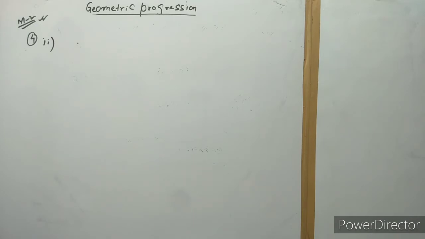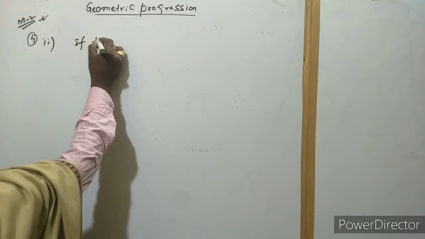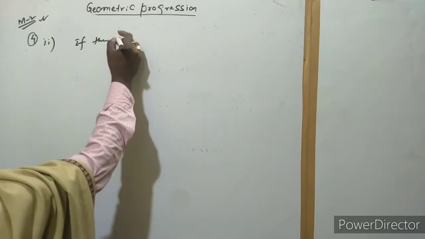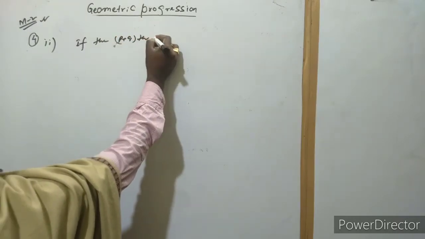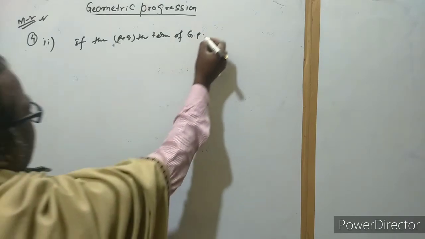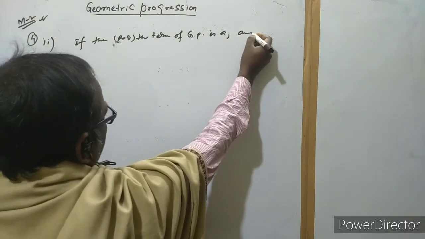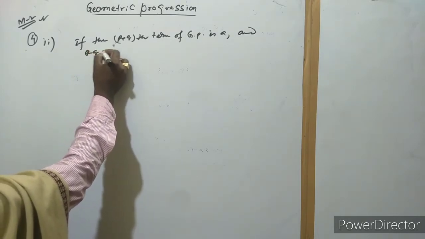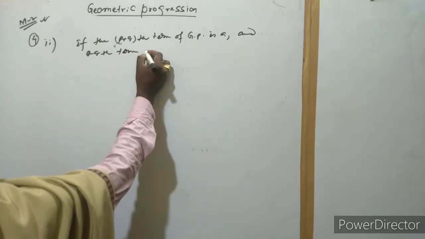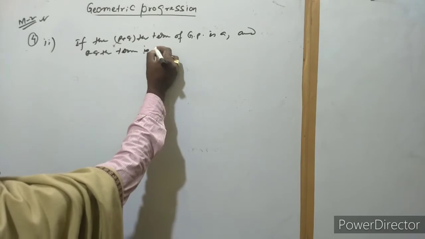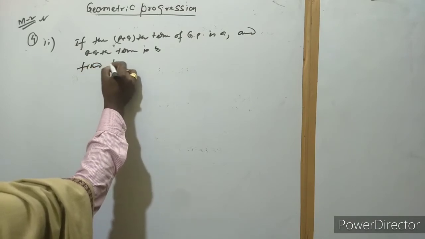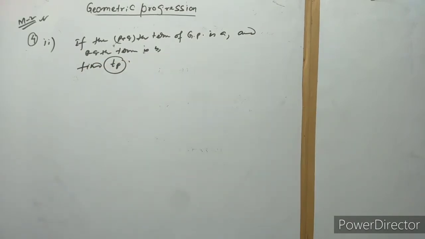If the P plus Q term of a GP is A and the P minus Q term is B, then find T suffix P, the pth term.